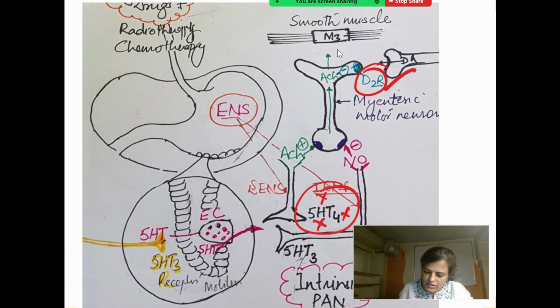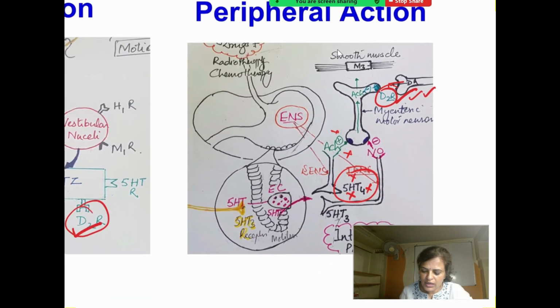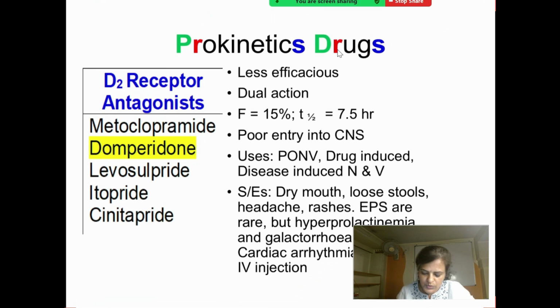So their prokinetic action is mainly by blocking this D2 receptor, not by agonistic action on the 5-HT4. So this is the main action of domperidone. What are the other differentiating features? It undergoes high first pass metabolism.